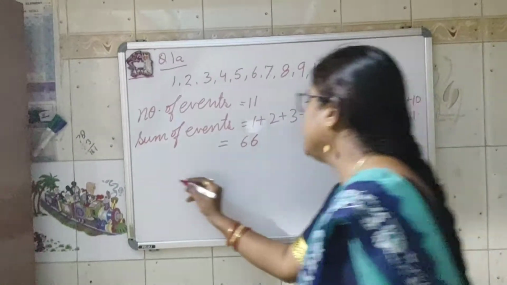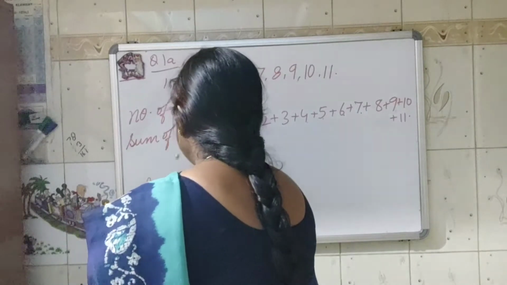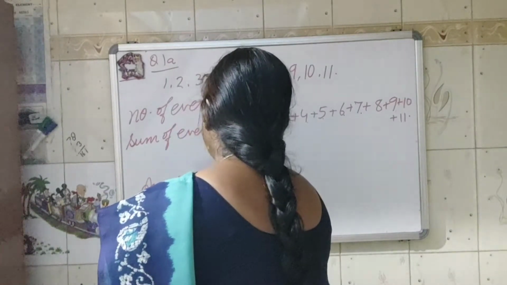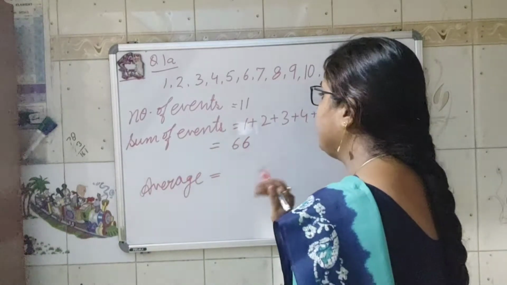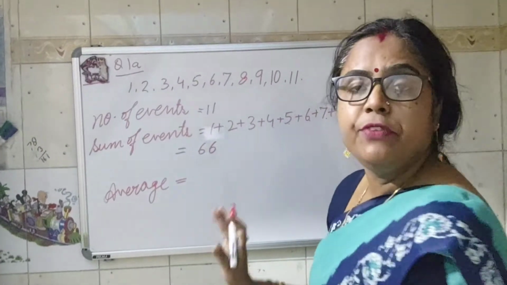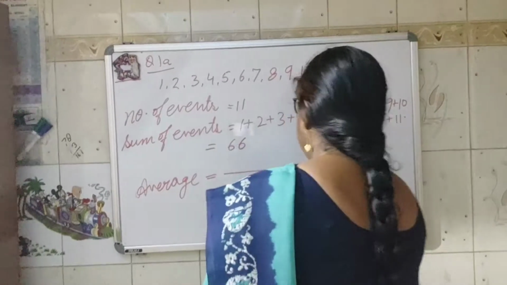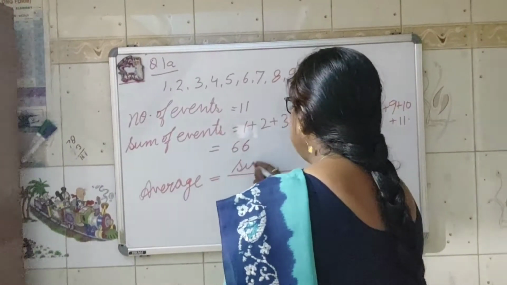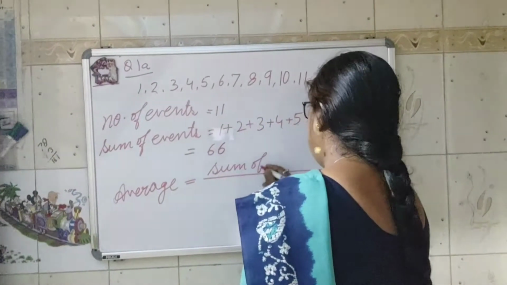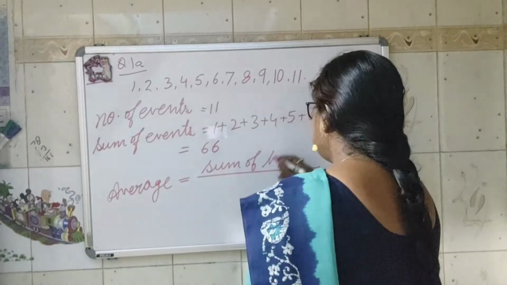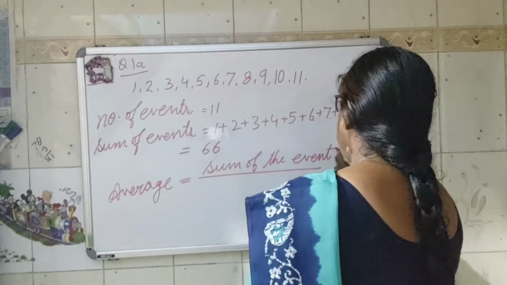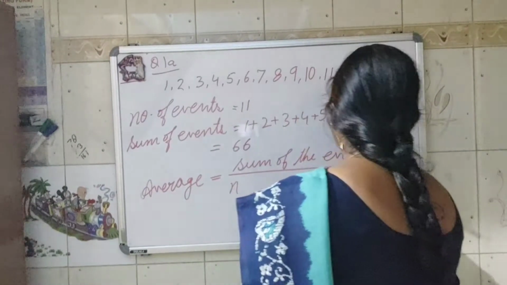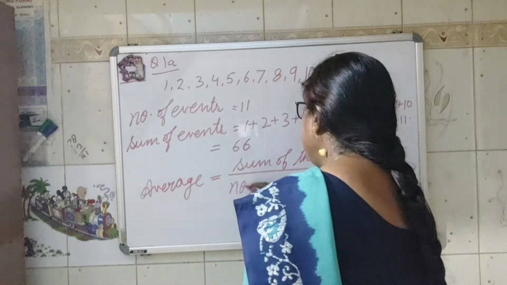11 is the number. So average is equal to... it is compulsory to write the formula in every question. It's not that you write the formula in only one question. No, in every question you have to write down the formula. Sum of the events divided by the number of events.